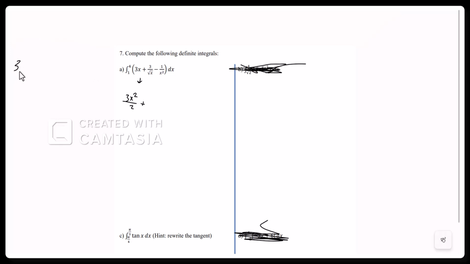So 3 divided by the square root of x will be 3x to the negative 1 over 2 power. Since we're doing the opposite, we're going to add 1, so negative 1 over 2 plus 2 over 2 is 1 over 2.